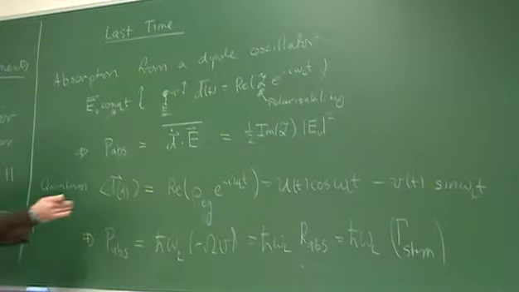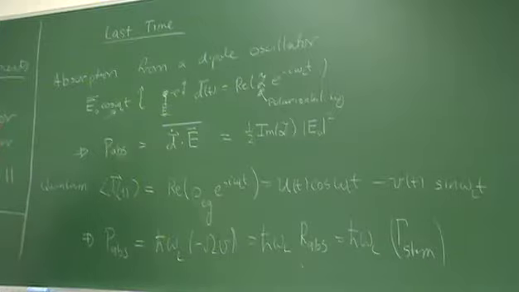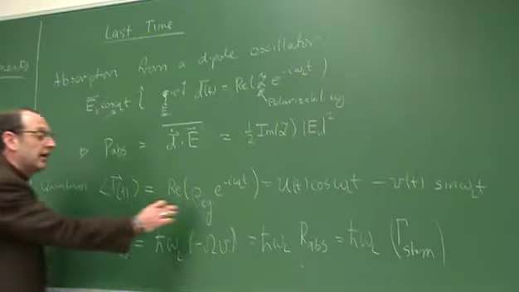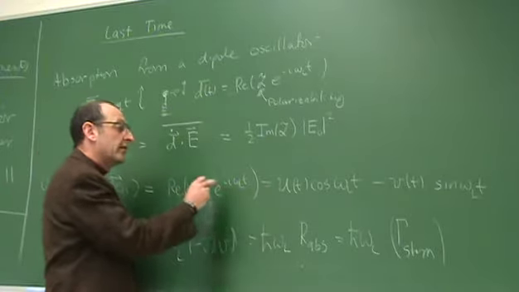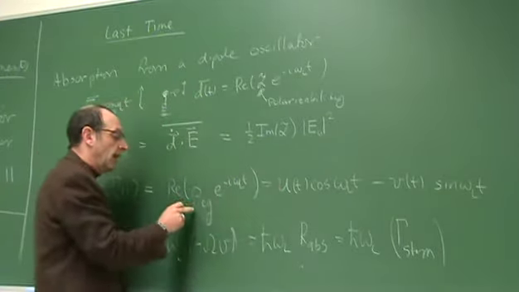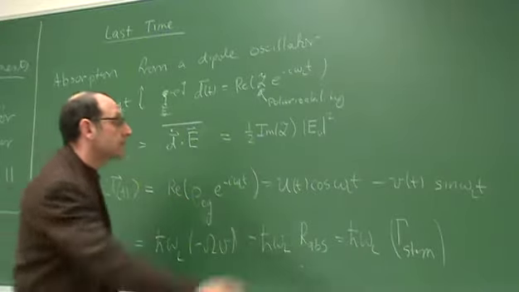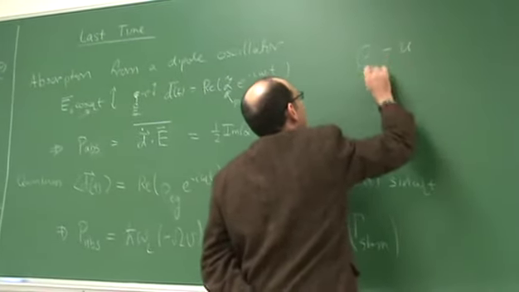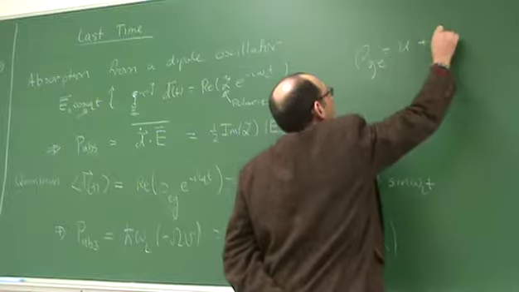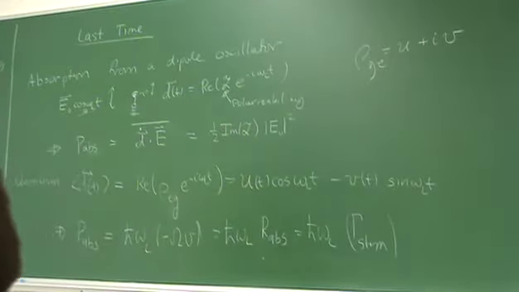And the induced dipole moment then is related to the coherences that are driven, which are representing the superposition of excited and ground states. And we define that in terms of the components of the Bloch vector. The off-diagonal element here was related to, in the standard jargon, rho_ge, which has a real and imaginary part. The real part is called U, and the imaginary part is called V.